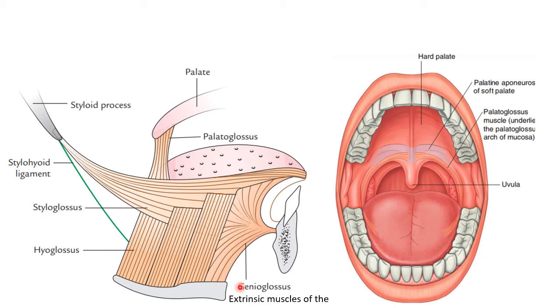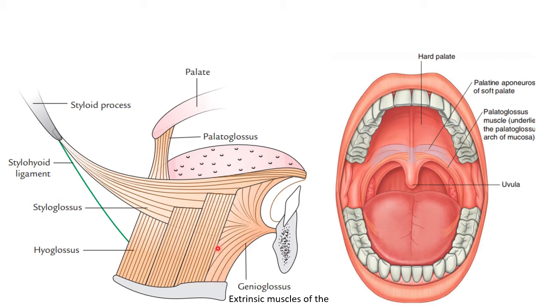These are the genioglossus, the hyoglossus, the styloglossus, and the palatoglossus. First, we will discuss the genioglossus. This is a fan-shaped muscle which arises from the superior genial tubercle and is attached to the whole of the tongue, and the inferior fibers are attached to the hyoid bone.